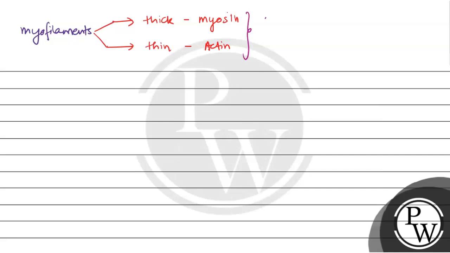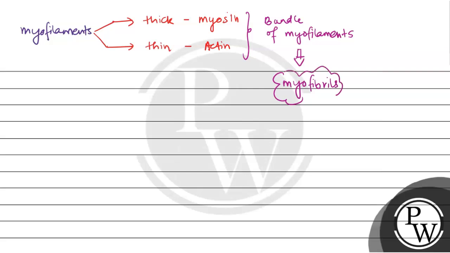And the bundle of myofilaments together is called the myofibrils. A sarcomere always has alternating thick and thin filaments.